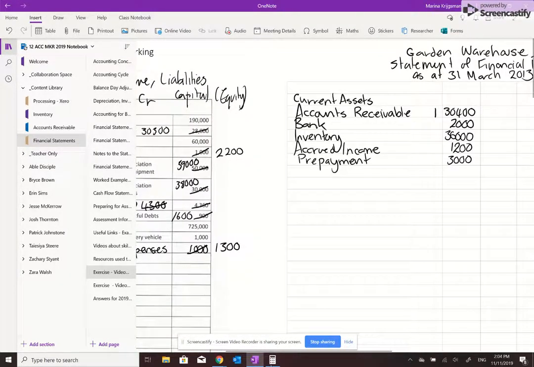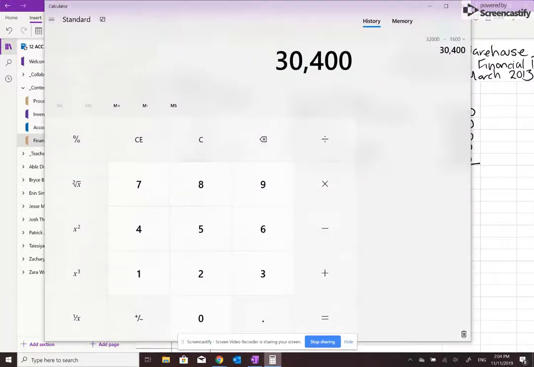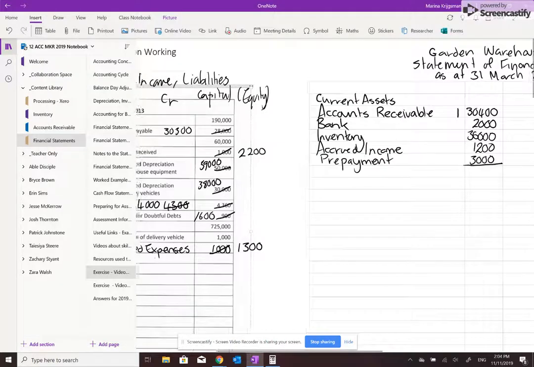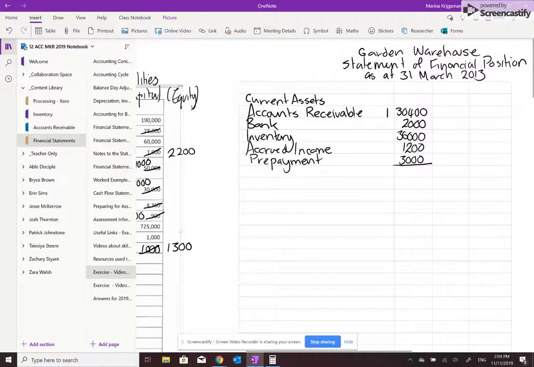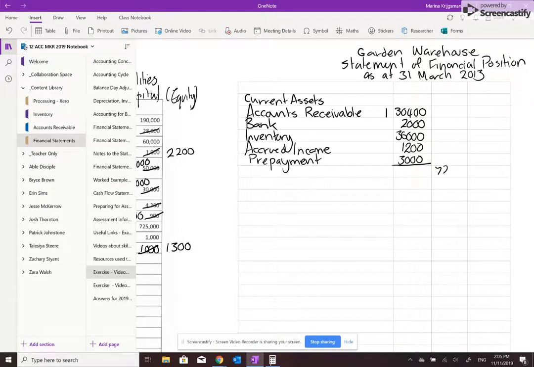Right, so we're going to add up our total current assets. So we've got 30,400 plus 2,000 plus 36,000 plus 1,200 plus 3,000. We'll come to 72,600, and we're going to pop that in the next column.